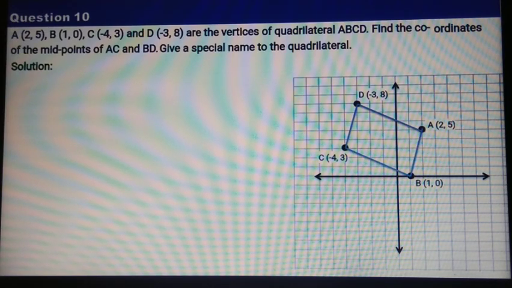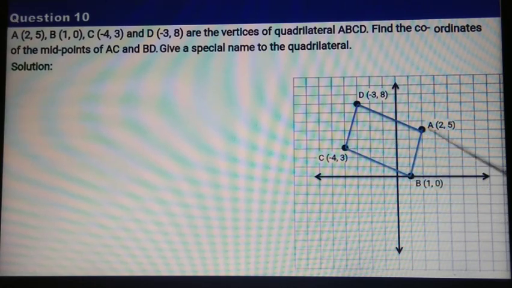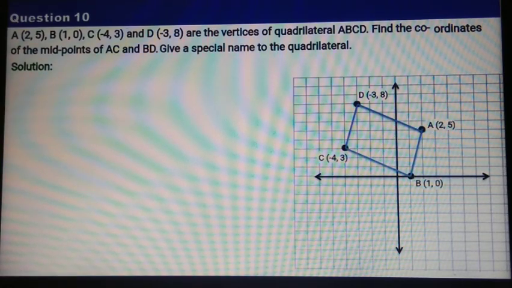To identify what my given quadrilateral is, I took a graph paper, plotted the given points, and joined them. From the figure I came to know that the figure is a parallelogram, right? So ABCD is a parallelogram.